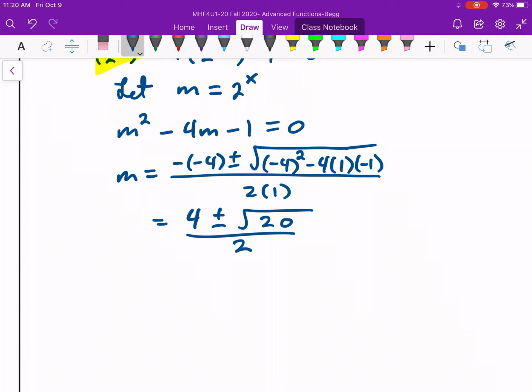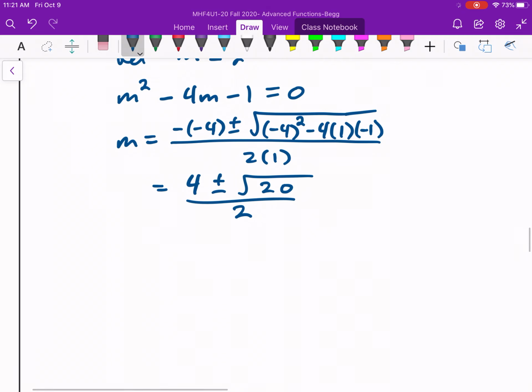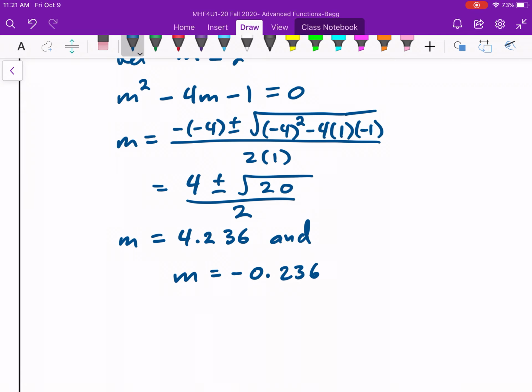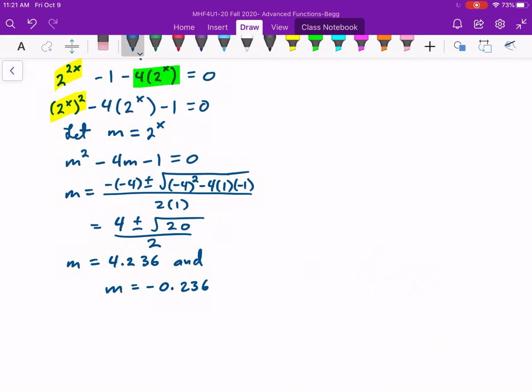Putting that in my calculator, and I won't bother showing the work this time, I get 4.236, and I also get negative 0.236. Okay, but that's not the final answer, because no one asked us to find out what m is equal to. They asked us to find out what x is equal to.